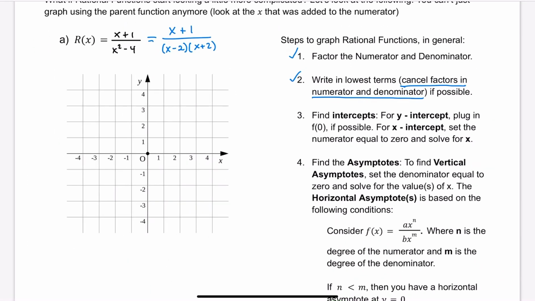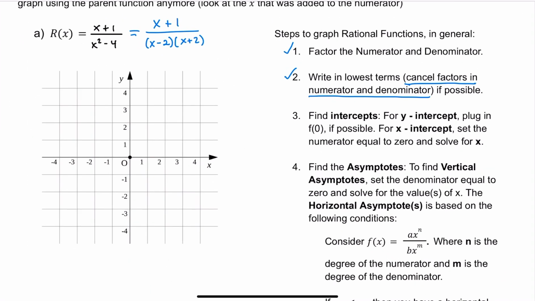The next step, it's asking for us to find the intercepts, both y and x, if possible. Now, this is going to be the beginning of getting the features that are going to be actually graphed on this graph on the left. And so everything is set for you to just read in case you forget. And it tells you what you need to do to get something.